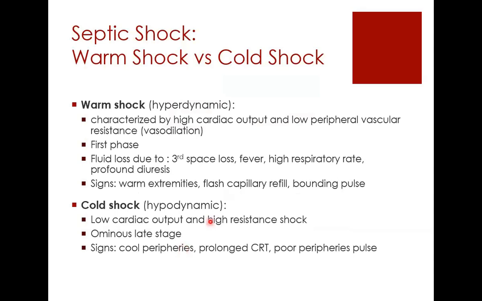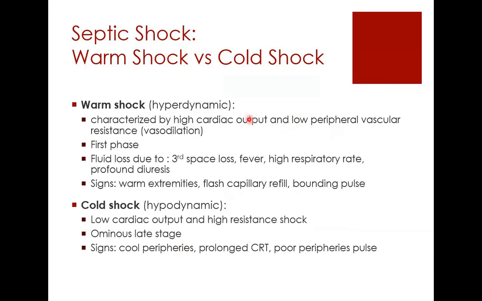Last that I would like to talk about is septic shock. Septic shock basically can be further divided into warm shock and also cold shock. For warm shock, it's very important for us to identify which stage the patient is in, because warm shock is the very first phase of septic shock.